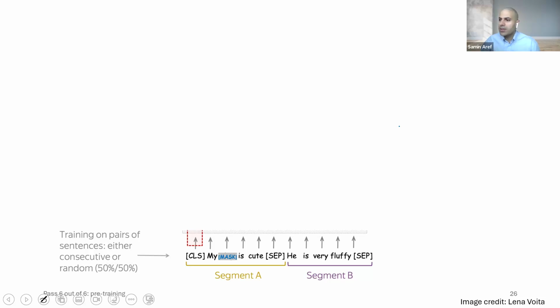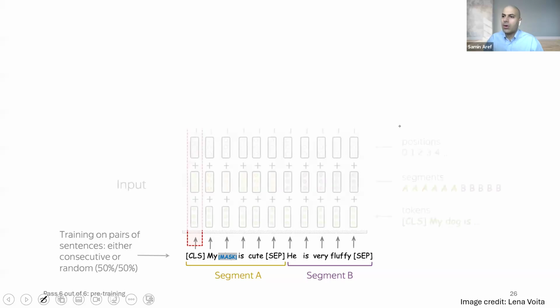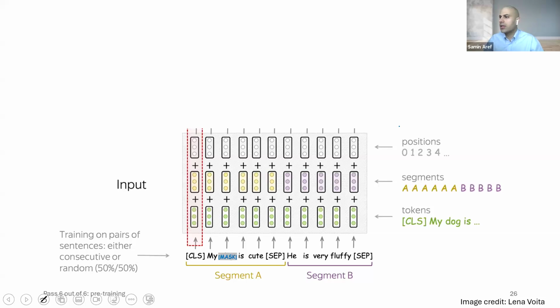The input is like, "my [masked word] is cute, he is very fluffy." So I guess for us, it's easy to predict that this could be cat or dog, right? Or some pets.